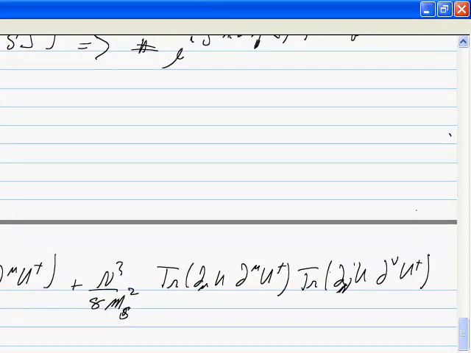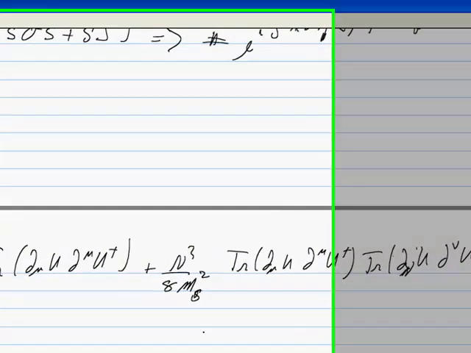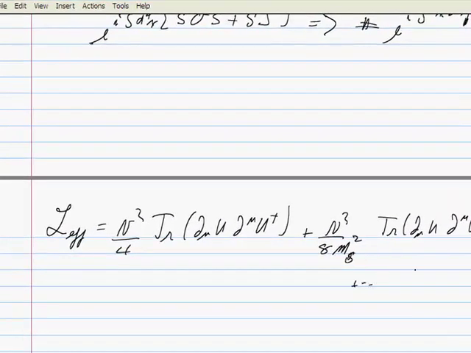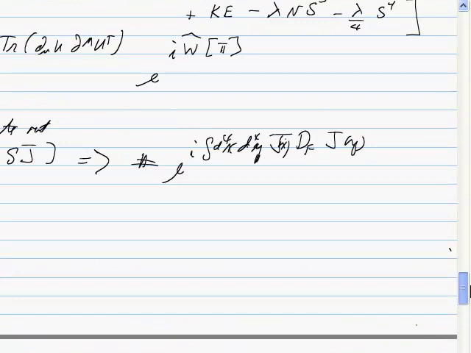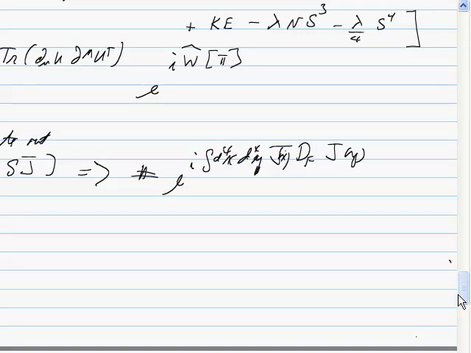Okay, so that's the piece that you get from expanding that, and then there are plus higher order terms. So by doing our integrating out trick, we get the next order term also.